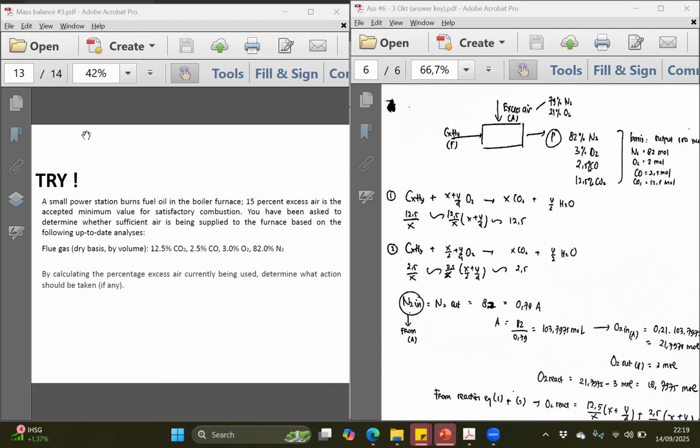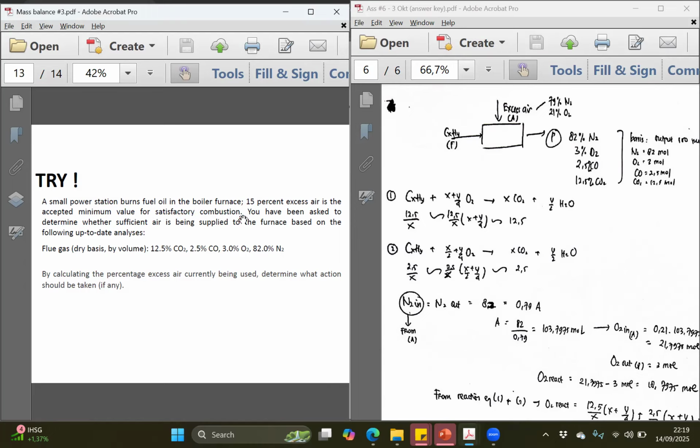As you can see on my screen, there are two PDF files. The first file on the left is the problem, while the answer is on the right-hand side. In this problem, we have a small power station that burns fuel oil in the boiler furnace. They say that 15% excess air is the accepted minimum value for satisfactory combustion.